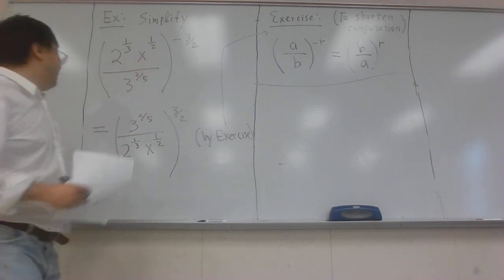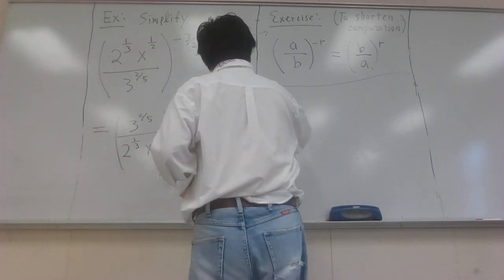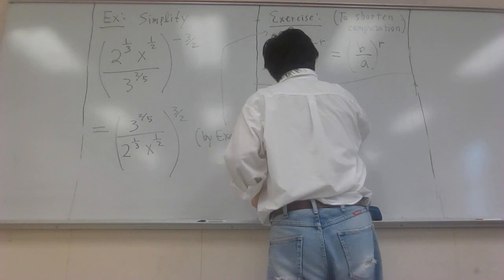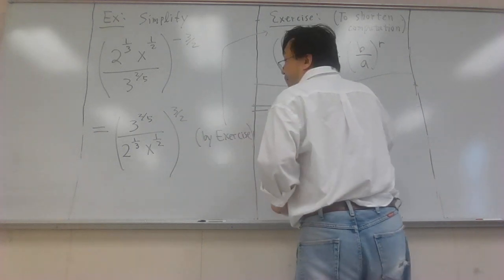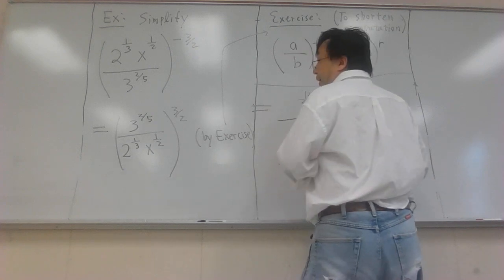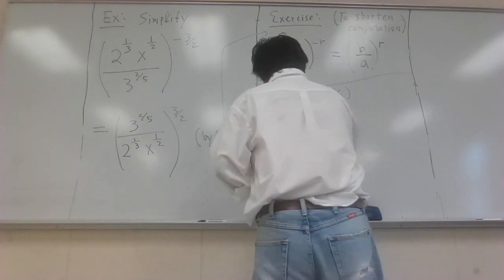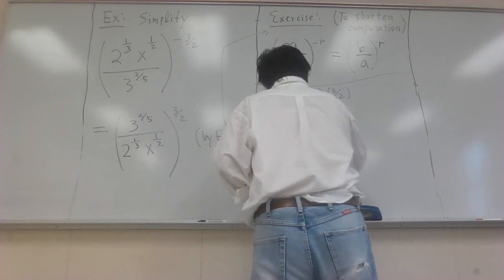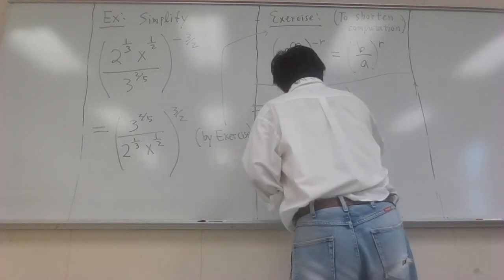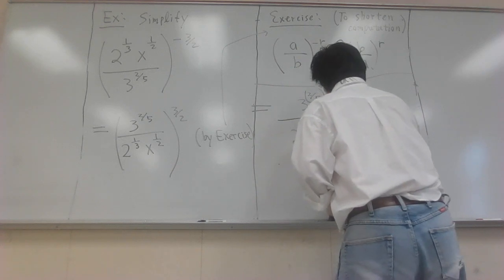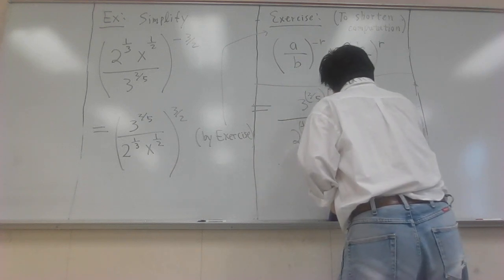So then this expression becomes 3 to the power of 2/5 times 3 over 2, divided by 2 to the power of 1/3 times 3 over 2, times x to the power of 1/2 times 3 over 2.